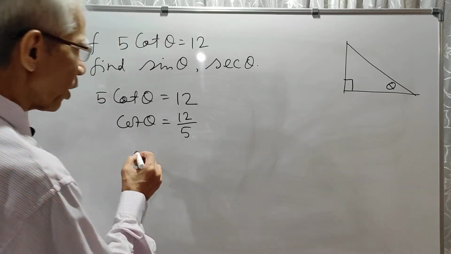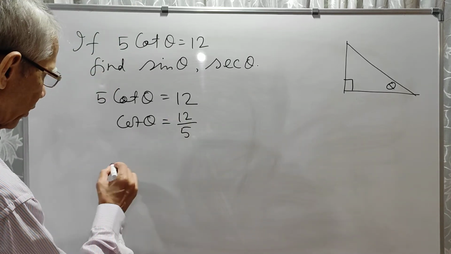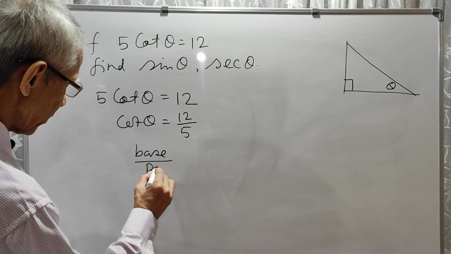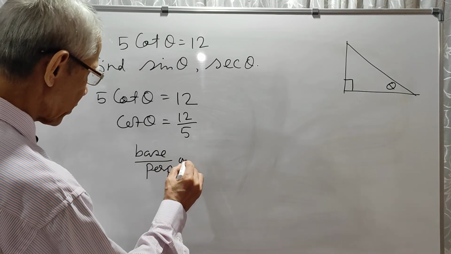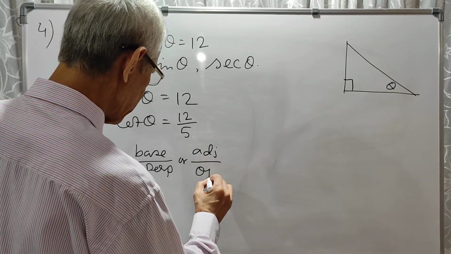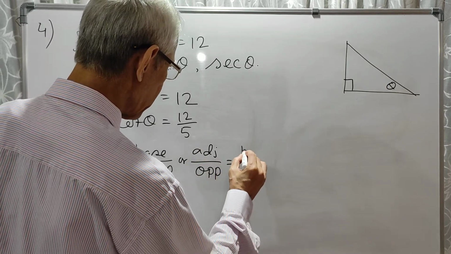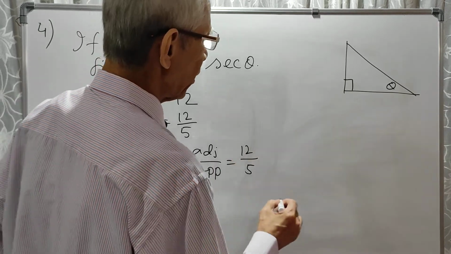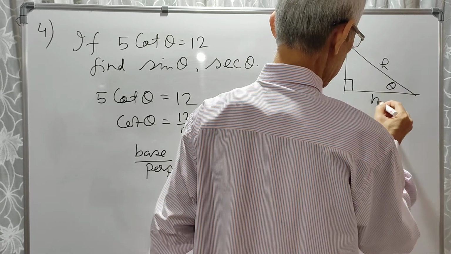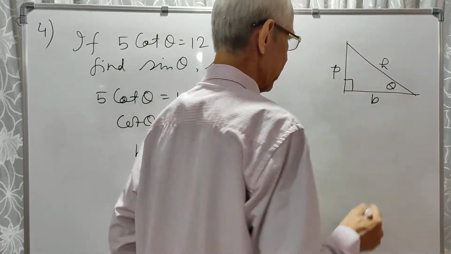Now cot theta is what? In the triangle, cot theta is base by perpendicular, isn't it? Base by perpendicular, or you can say adjacent by opposite. So that is equal to 12 by 5. Now this is the hypotenuse, this is the base, and this is the perpendicular.